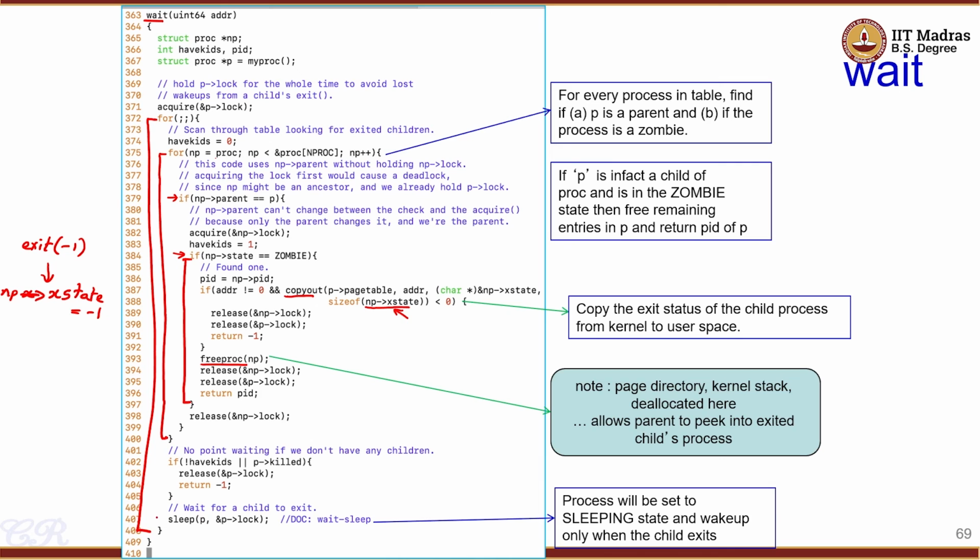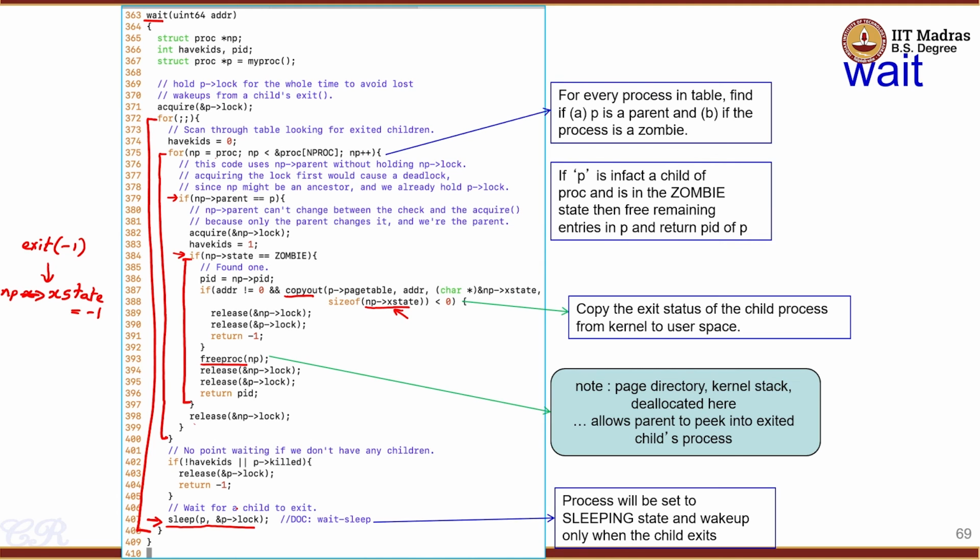Another important thing is the following. If we traverse through all the NP structures of all the proc entries, and we do not find any child process which has exited and is in the zombie state, and a child of this particular process, then this process is put to sleep.